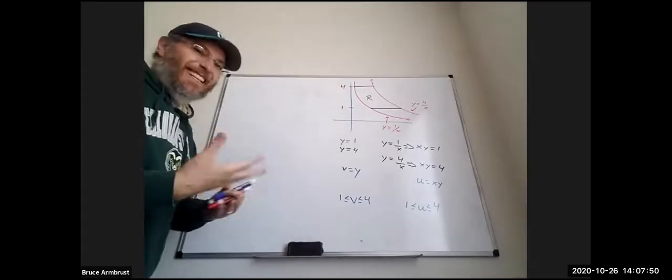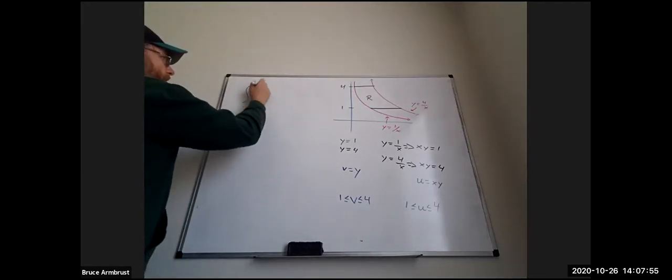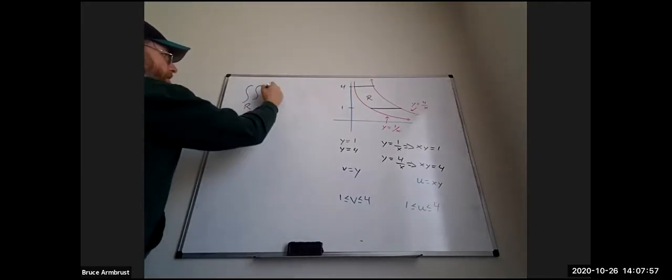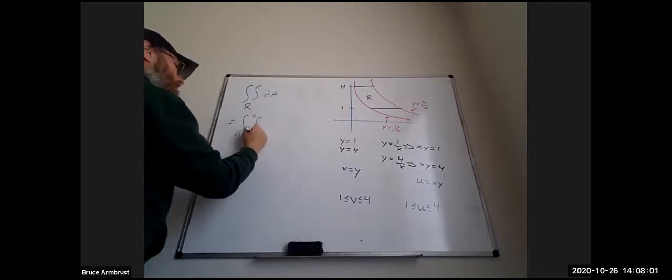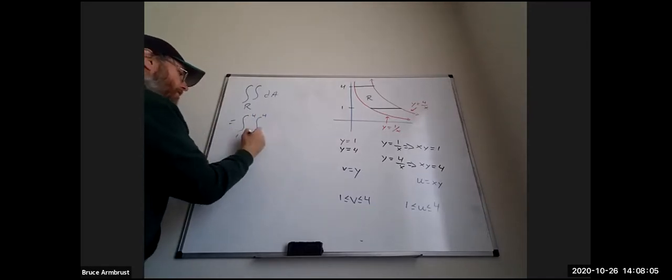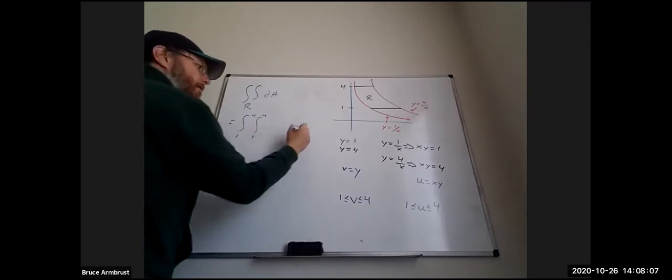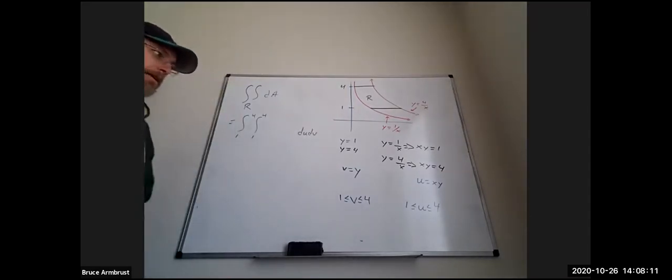I'm just going to say we're finding the area, all right? So we were originally doing this. Well, now we're going to be integrating from 1 to 4 and 1 to 4. Let's put a du dv.